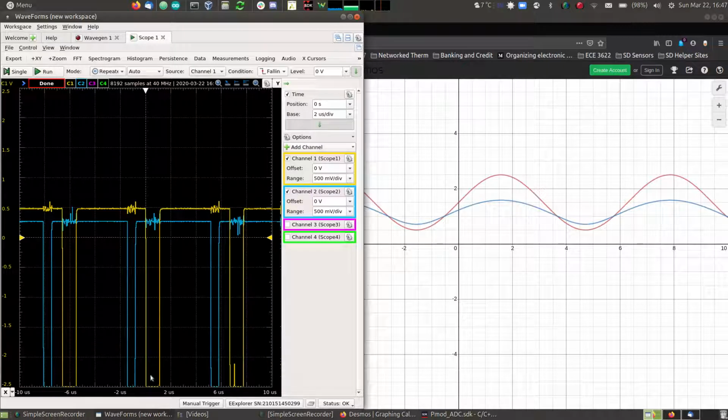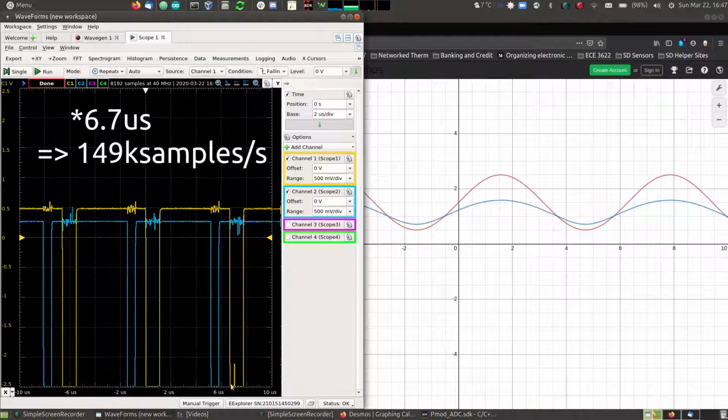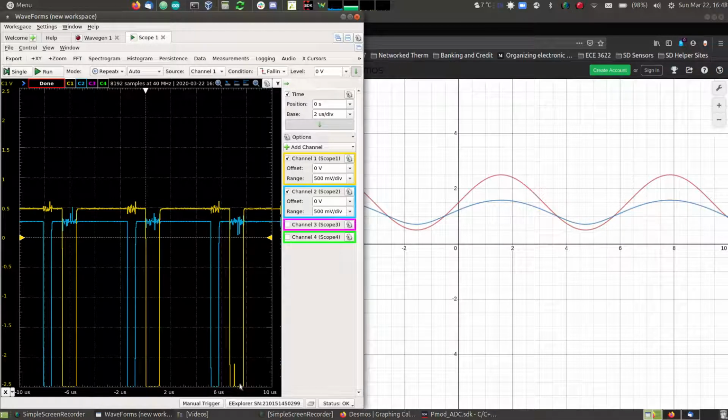And we can see that 1 period is about 7.7 microseconds, which implies that our throughput is about 130 kilosamples per second, which is a lot slower than all of our other runs. But it's actually doing data processing as opposed to just passing samples through.